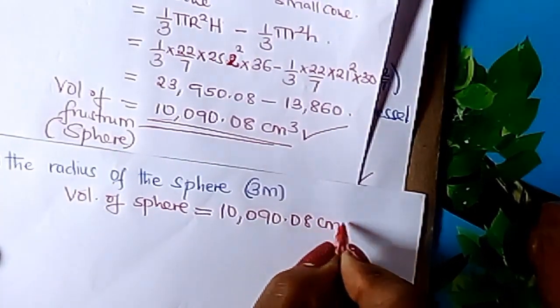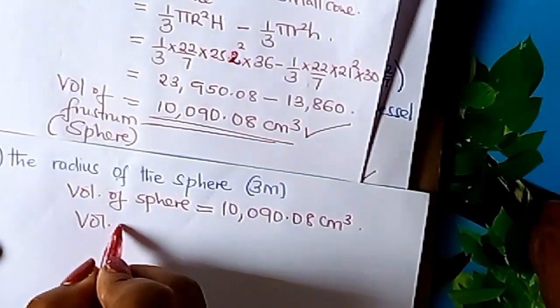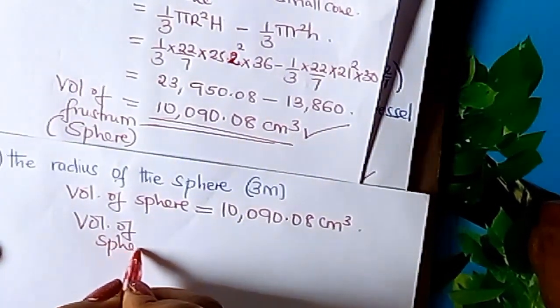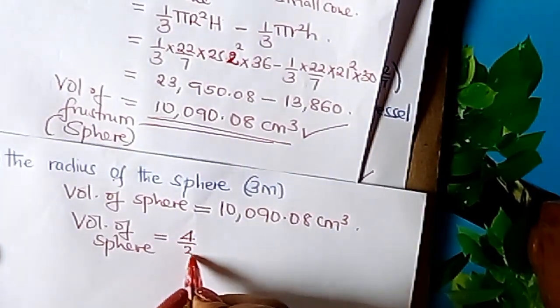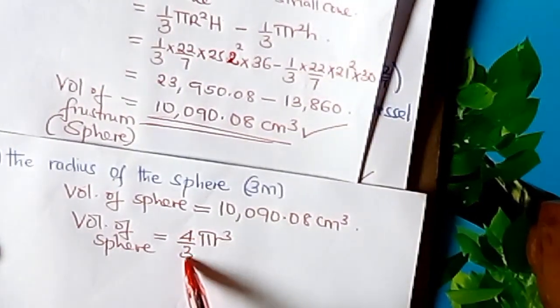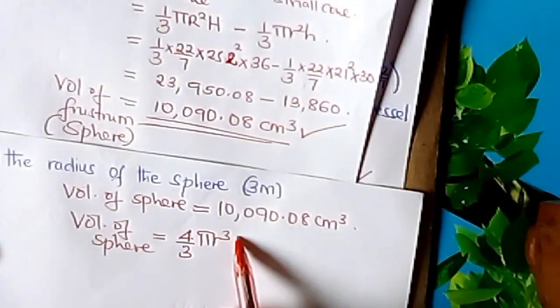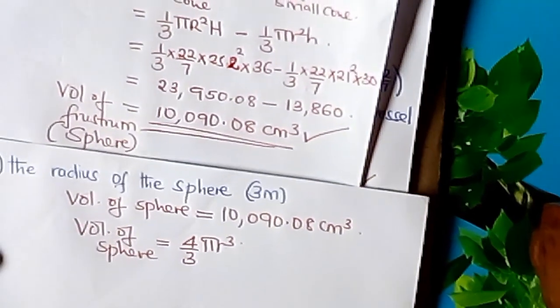10,090.08 centimeters cubed. But we know that the volume of a sphere, learner, is given by what formula? 4/3 pi r cubed. You should have that in mind. And therefore, learner, you just need to equate this formula to that for you to get your radius.